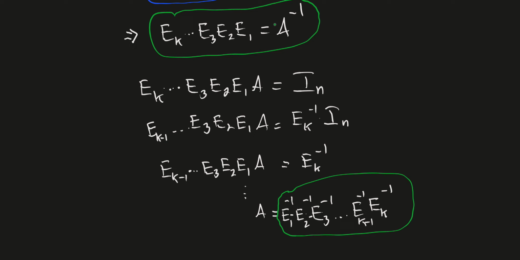In fact, it gives us a way of factoring a matrix, because that's what we've done here. We've taken one matrix, both the inverse and the original matrix, and we're able to write it as a product of several other matrices.